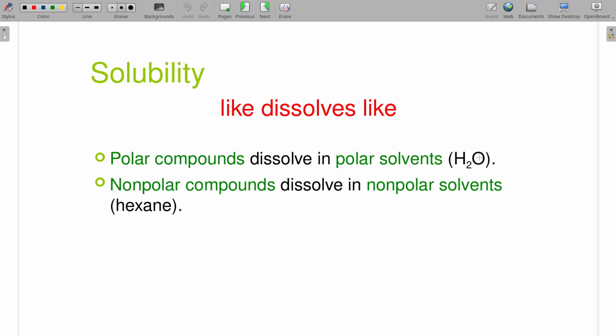But as soon as I take that OH and put it with a longer substance, it doesn't even matter what it is, the other part of the molecule has different intermolecular forces that might control it. So it might not be safe to say that molecule is dominated by just hydrogen bonds anymore. So while we will use like dissolves like, we have to actually focus a bit on the gray area of what the rest of the molecule does.